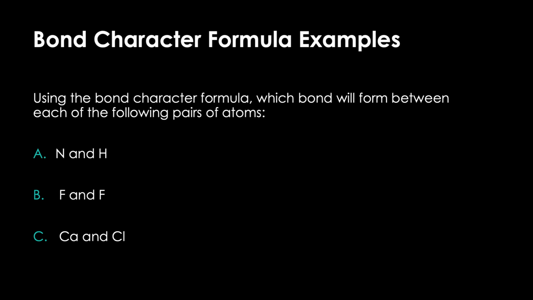So it says using the bond character formula, which we know is XA minus XB all over XA times 100%.